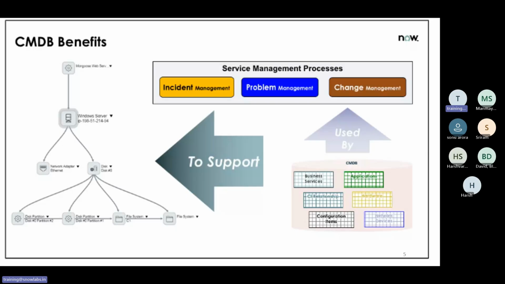ServiceNow team will take care of that. So that is the reason this is cost effective. This is cheaper. So agentless discovery is popular only for this reason. Is it clear? So if it is a huge organization where lakhs of devices are there, agentless is cost effective. Yeah, tell me.